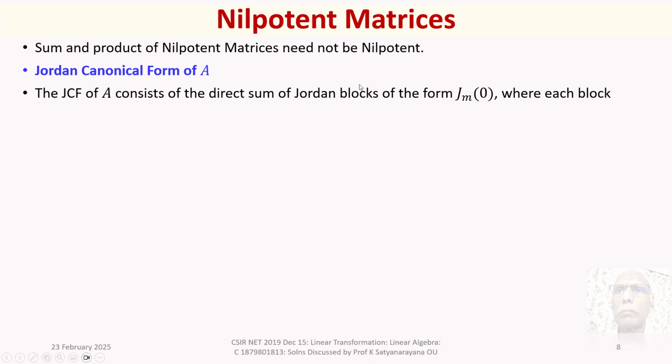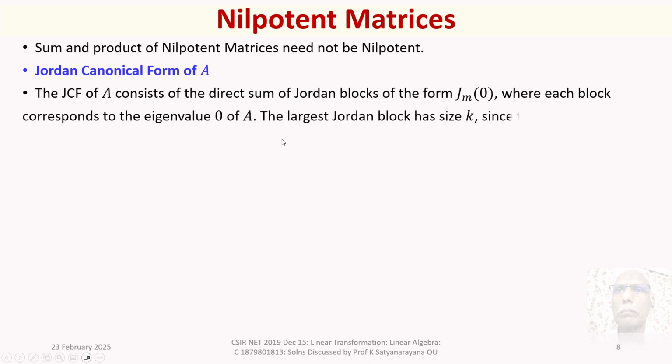In our case, we are talking about nilpotent matrices, therefore all eigenvalues are 0, where each block corresponds to the eigenvalue 0 of A. The largest Jordan block has size k because the index of nilpotency of A is k, and hence its minimal polynomial is x to the power of k, where k is the index of nilpotency.